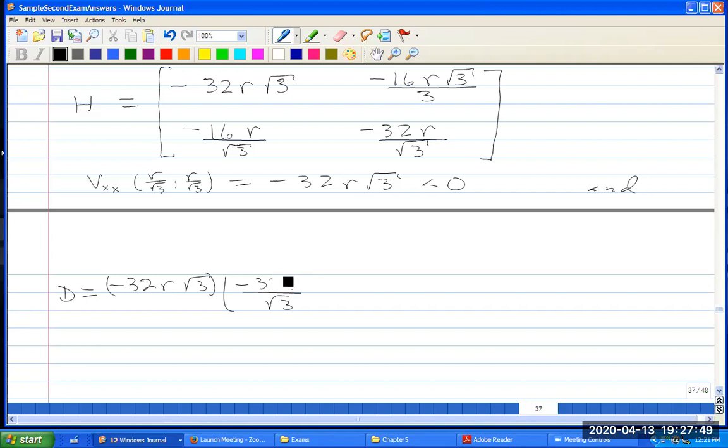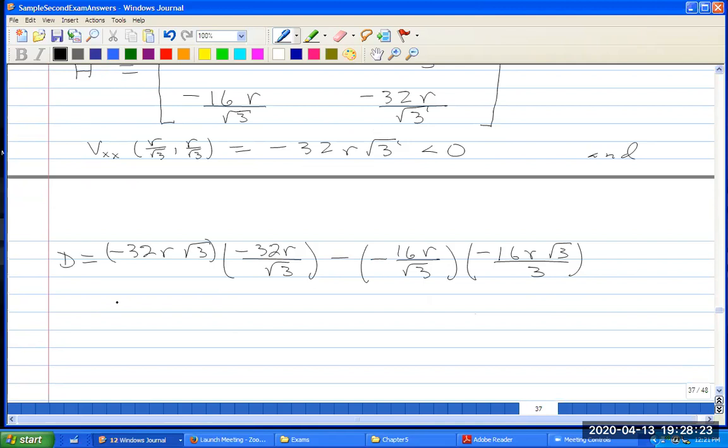Wasn't there a 3 then? Okay. Minus 16r over root 3 and minus 16r root 3 over 3. Okay, so this is equal to 32 times 32.